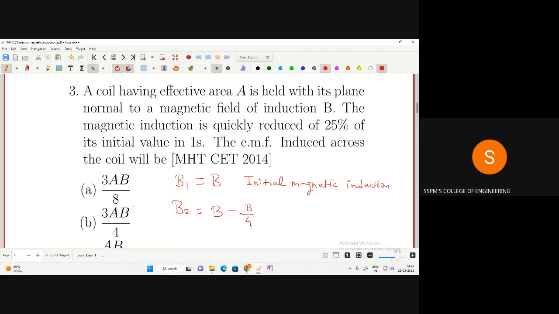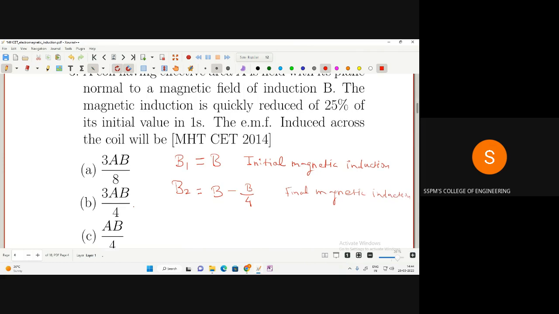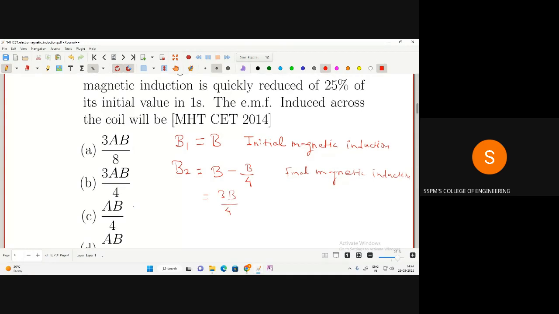So B2 is the final magnetic induction. B2 is 4B minus B upon 4, which is 3B by 4. So in this way we got B1 and B2.